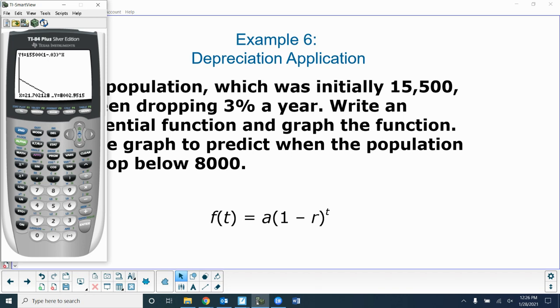It dropped below though. So it said below, so I went one more push and got 7,951. Now if you go to the table, you just go down until, like, 22, right?